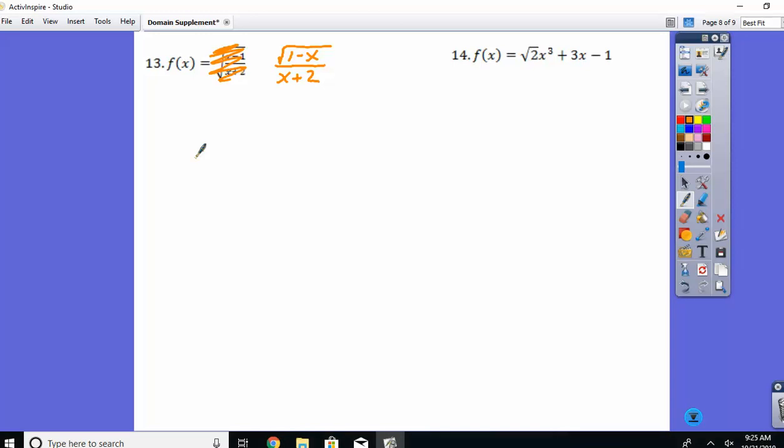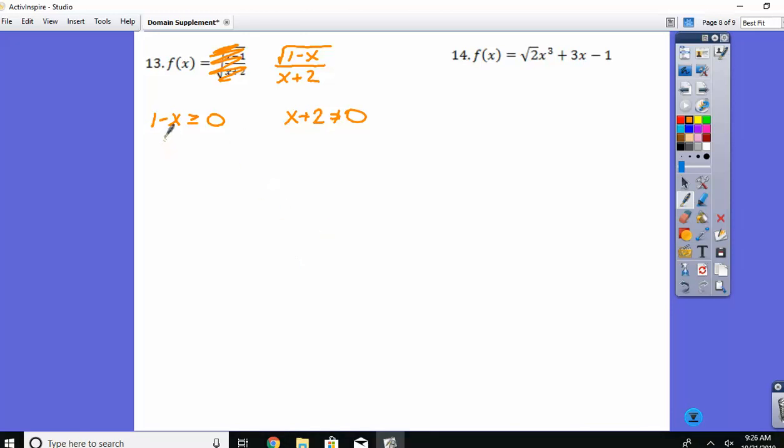So on this one, we have again both. But this time it's not the radical on the bottom, so we need to treat both parts separately. So this, we know the thing under the radical is greater than or equal to 0. This, we know that if you have a fraction, the bottom can't be 0. So we're going to have to solve both of those.